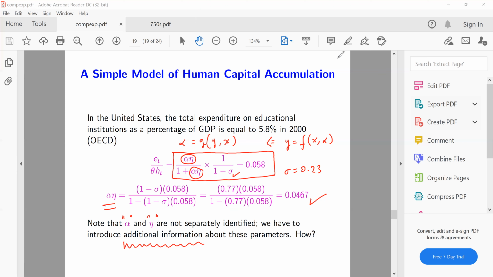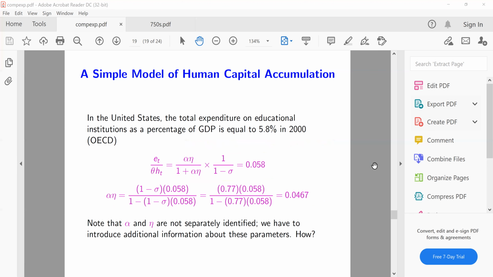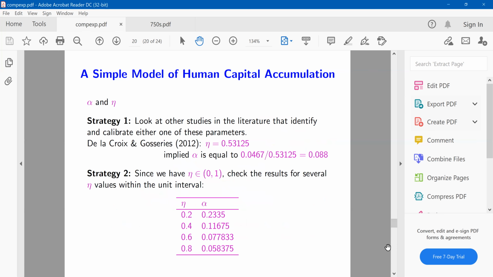What additional information? Okay, so there are two strategies. Either I'm gonna look at the other studies in the literature that come up with some value of eta, let's say, or some value of alpha. So if I know one of them, right? If I know eta, since I know alpha times eta, I can know alpha. If I know alpha, again, since I know alpha eta, I can know eta.